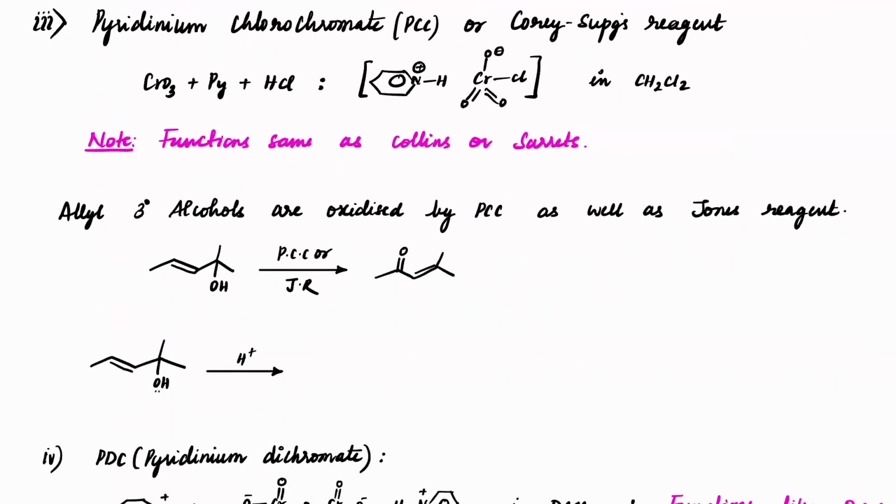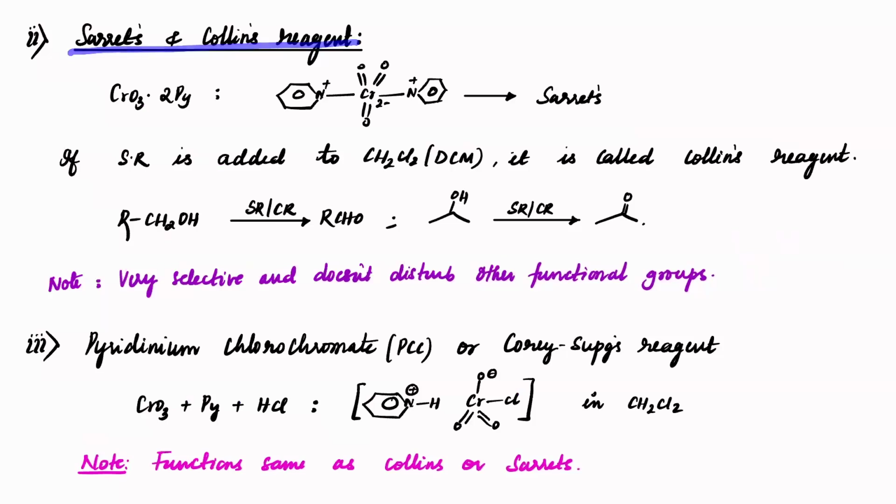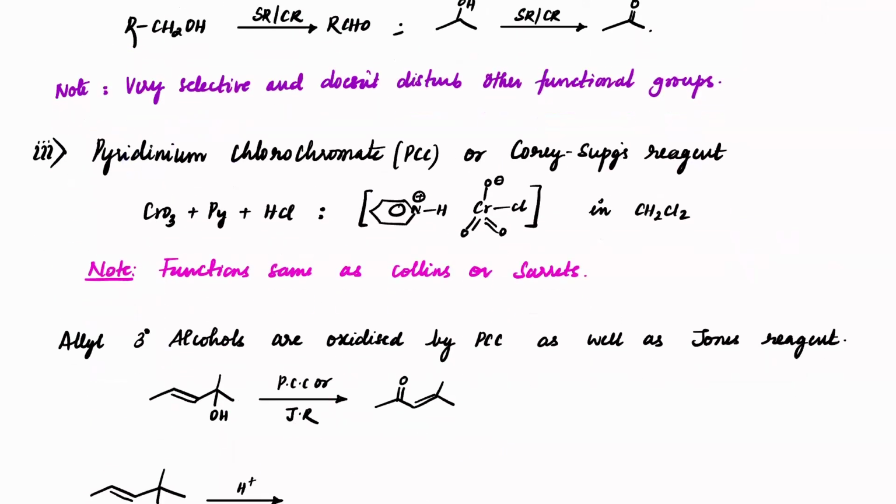Next, very similar reagent, just like Sarett's and Collins, we have one more reagent known as PCC. This we'll be using quite frequently. PCC, pyridinium chlorochromate. What do we do here?